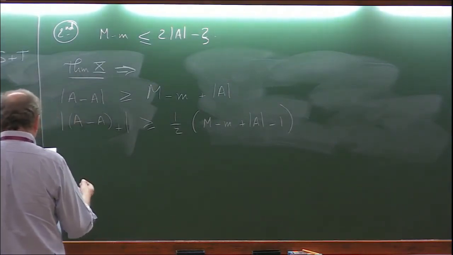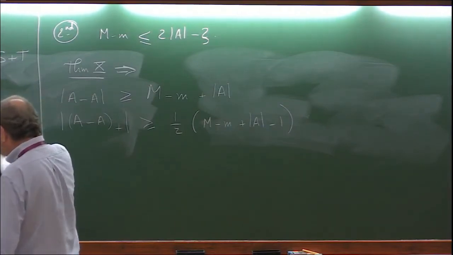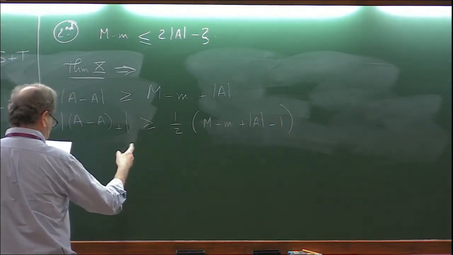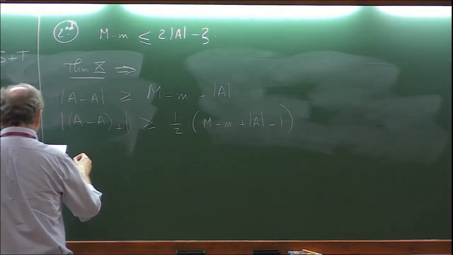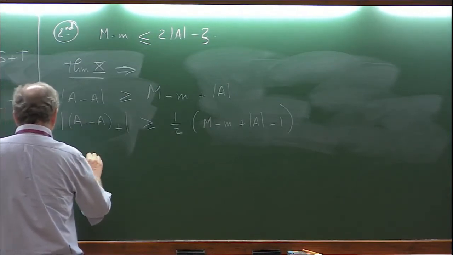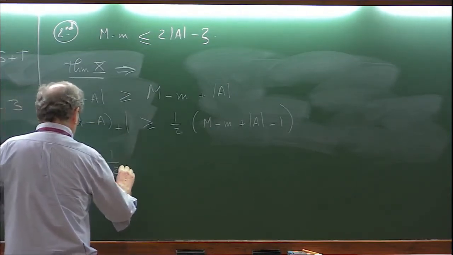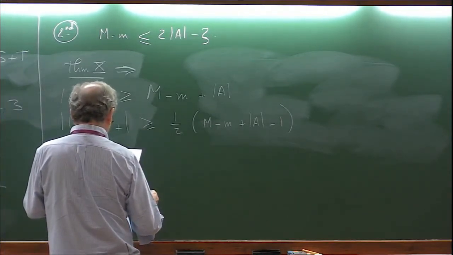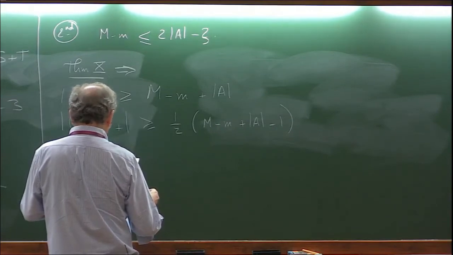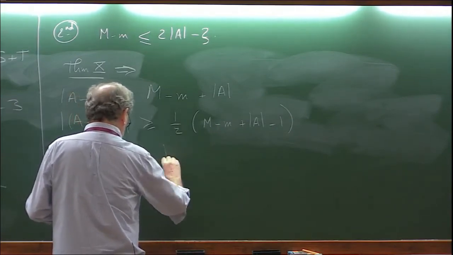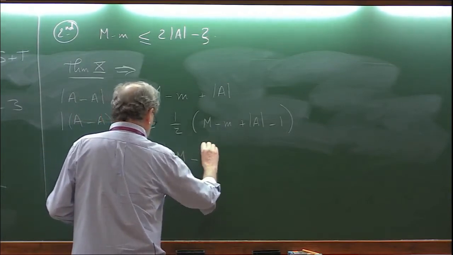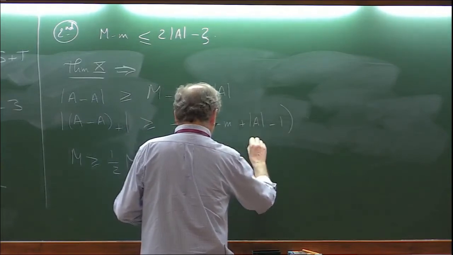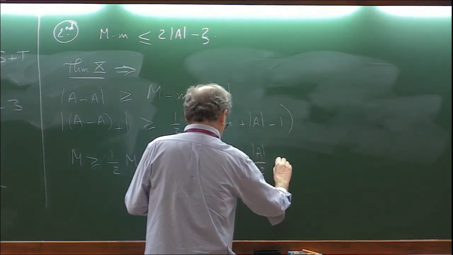But I think this is just inequalities, the same kind of inequalities we had, that will tell you something, that from that you get that M, maybe I write it once more, M is larger than 1/2 of M plus 1/2 of M minus 1/2 of little m, and plus capital A over 2 minus 1/2.